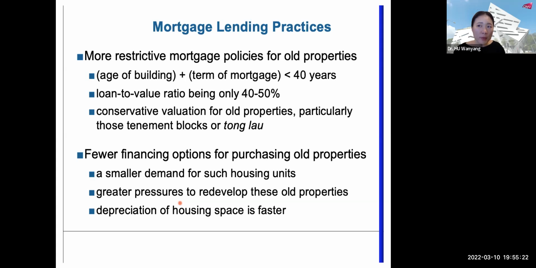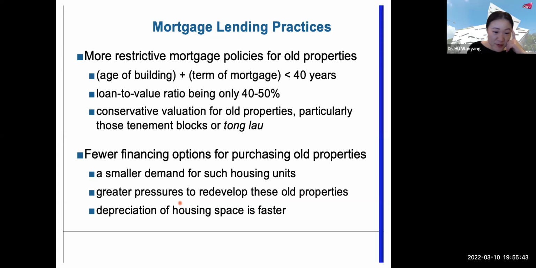So for example, most banks will have more restrictive mortgage policies for older properties. For example, they require the age of the building plus the term of the mortgage should be less than 40 years. So the loan to value ratio can only be like 40 to 50%.